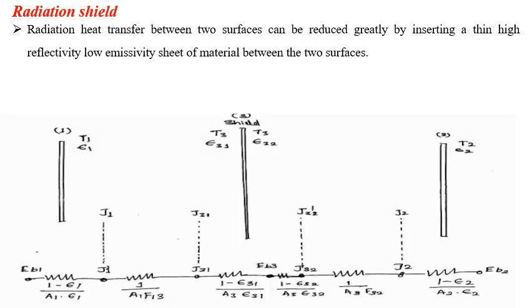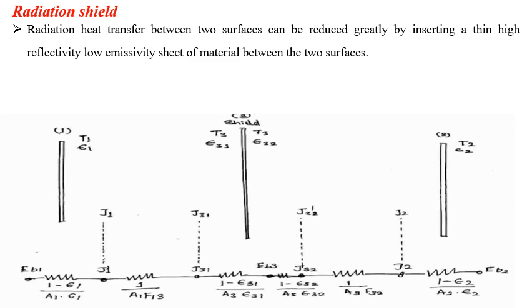Such highly reflective thin sheets are called radiation shields, and radiation shields increase thermal resistance in the path of radiation heat transfer, and hence reduce the heat flow rate.